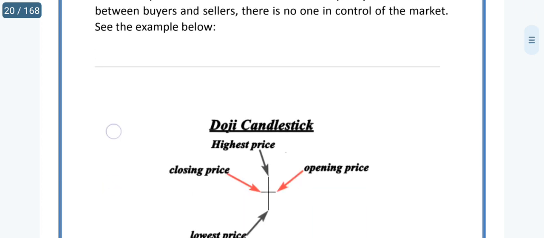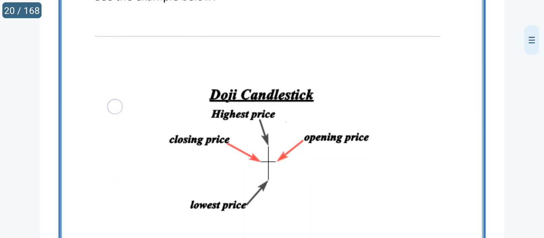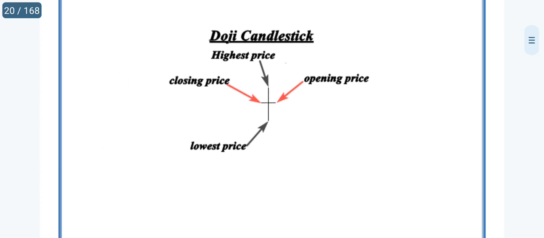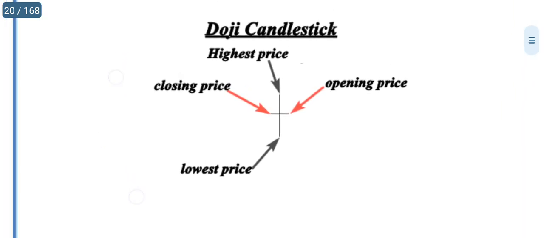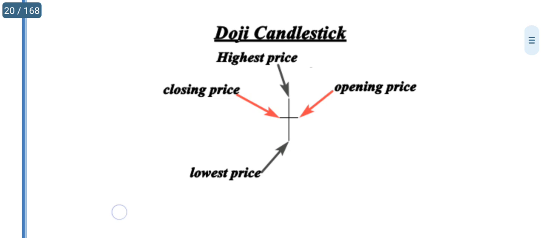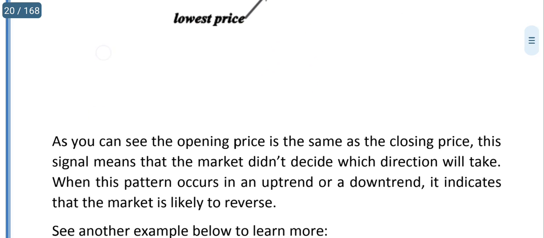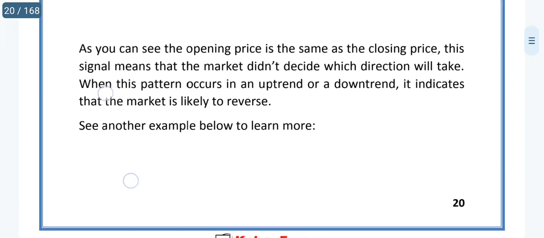You can see the example below. This is how a doji candlestick looks. We have the highest price, the closing price, the opening price, and the lowest price. Let's see what they mean. It is called a doji candlestick pattern.